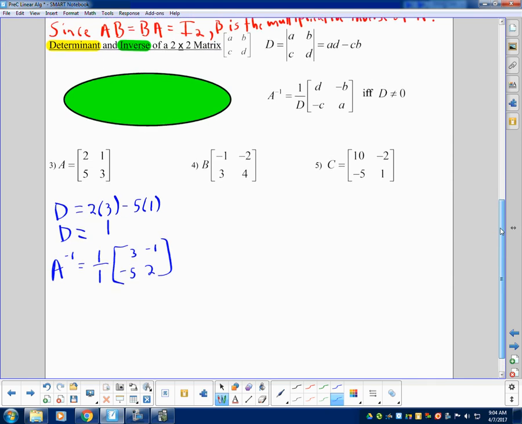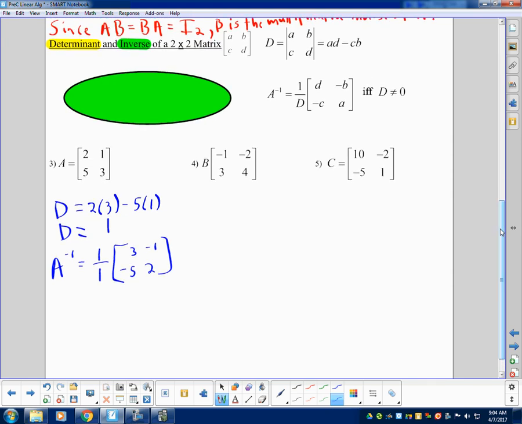And so A inverse, in this case, is the matrix 3, negative 1, negative 5, and 2. So we just find the determinant, swap the 2 on the main diagonal, negate the other 2, and then multiply through by 1 over the determinant. It's a pretty easy process for a 2 by 2.